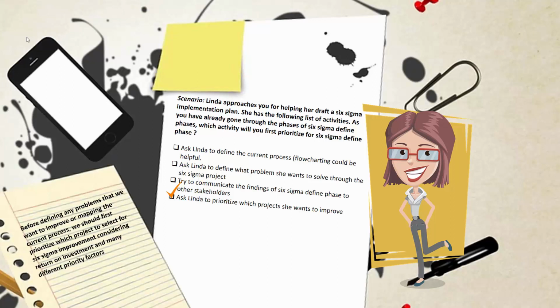Because before defining any problems that we want to improve or mapping the current process, we should first prioritize which project to start for Six Sigma improvement, considering return on investment or say the financial attributes and many different priority factors. So the first step of the Six Sigma define phase, as we studied, was prioritizing the project. So she should first go with prioritizing the projects that she wants to improve.